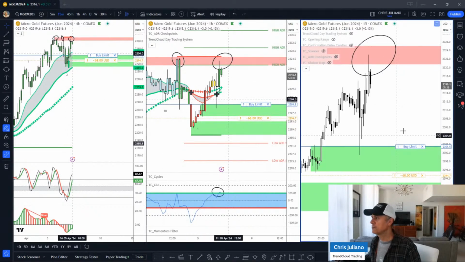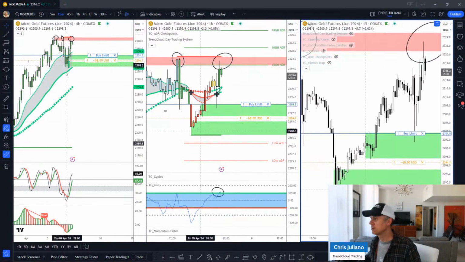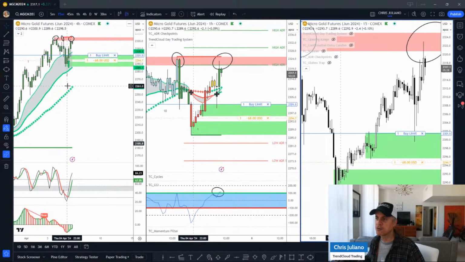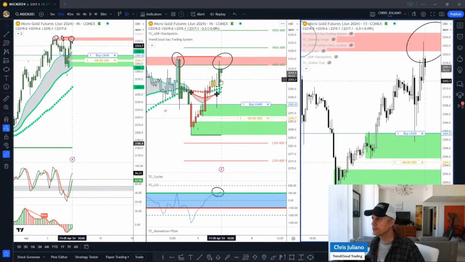What's it look like on the 15? Demand zone, demand zone. That's it. That's your whole system right there. High time frame uptrend, cycling up, momentum is up. Middle time frame, uptrend, CCI above positive 100, momentum is up, right?